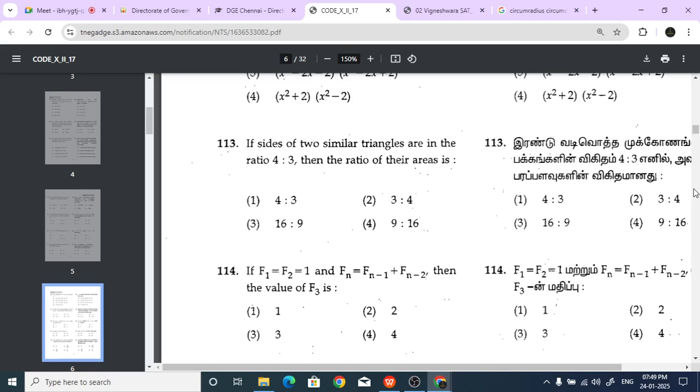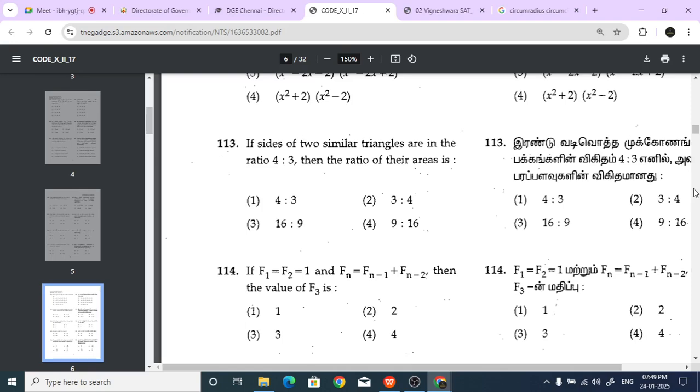What is the formula for area of triangle? Half into base into height. So if the sides of the triangles are in the ratio 4:3, then you are actually multiplying length and breadth, so two are there. That means you have to square. 4 square and 3 square will be the answer. It will be in the ratio of 16:9. Okay. Then go to question number 114.